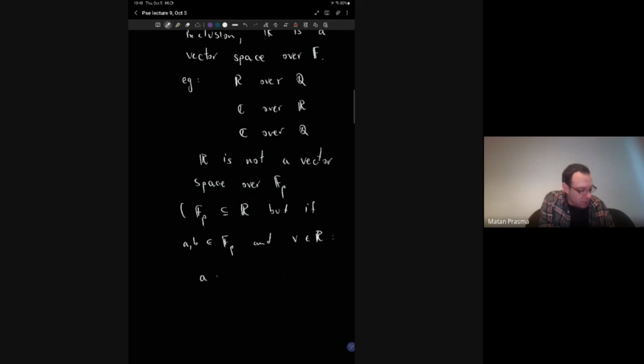Then you may do a plus b in F_p and then multiply it by v, but this is not going to be equal to a multiplied by v plus b multiplied by v, because here the multiplication is meant in F_p. So for example, if I take a to be 1 and b to be p minus 1, then a plus b is 0, so multiplied by v it is going to be 0 always, but a times v is v, and b times v is p minus 1 times v. So I get p times v, which is not equal to 0 in R.